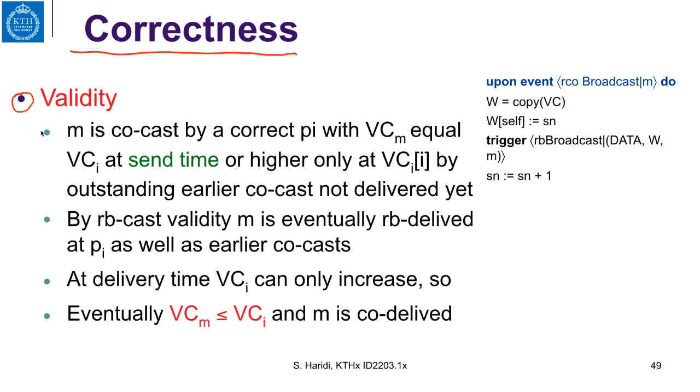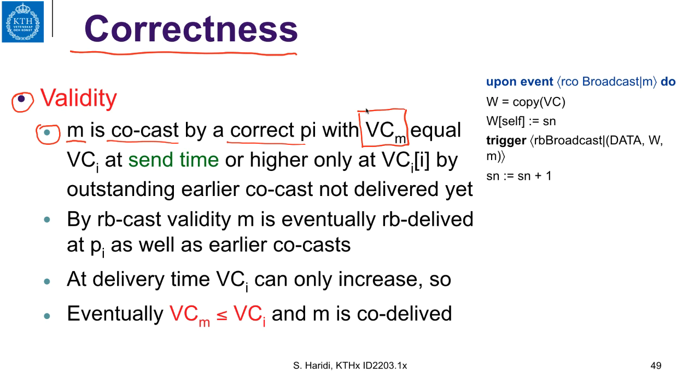We assume that the process broadcasts a message M, so it means M is causally broadcast by a correct process with some vector clock VC(M).